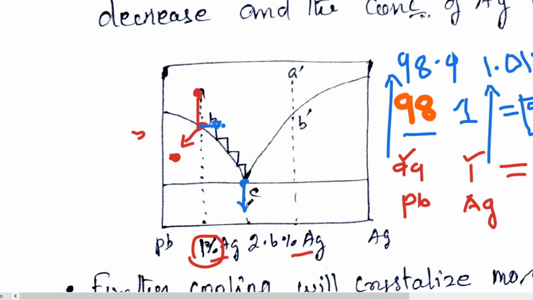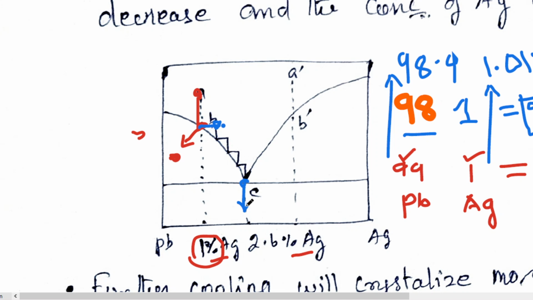There won't be any more liquid melt. Suddenly all the melt will become solid. Already we have pure lead deposited. Now the liquid, that is silver and lead, the eutectic mixture, gets deposited as solid, not separately as silver and lead.